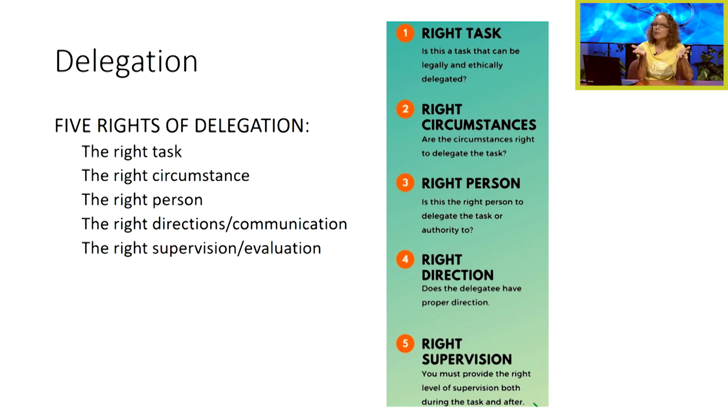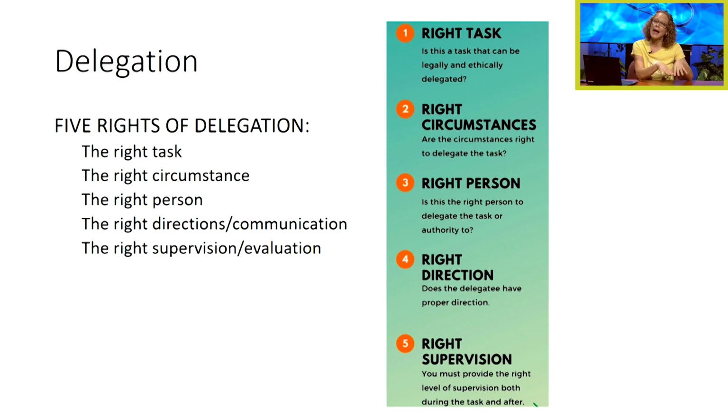That would be an example of adjusting the way you're giving the direction to delegate the skill, okay? And then the right supervision or evaluation. What this means is you're making sure that you have followed up. So, like the earlier example I gave, you're saying, go check Mr. Jones's blood pressure.